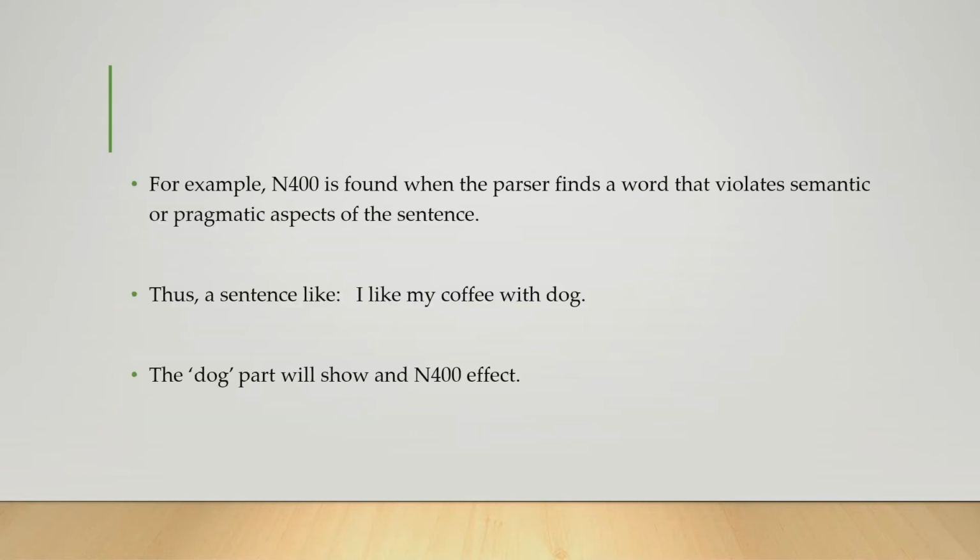Let us take this for example. N400 is found when a parser, that is the person who is looking at the sentence, finds a word that violates the semantic or pragmatic aspect of the sentence. A sentence like, I like my coffee with cream, or let us say extra sugar, would have been a perfectly fine sentence.